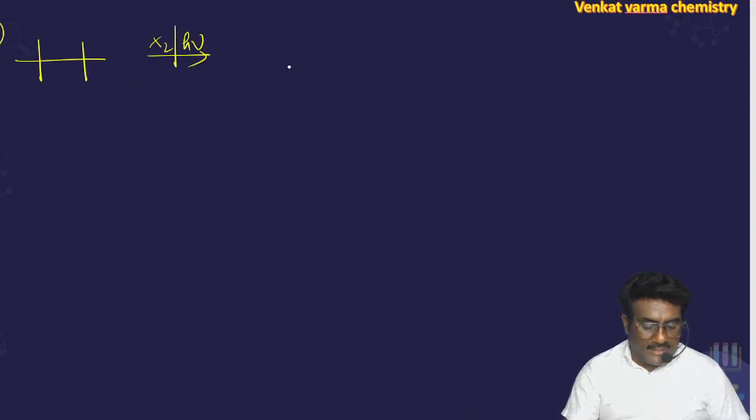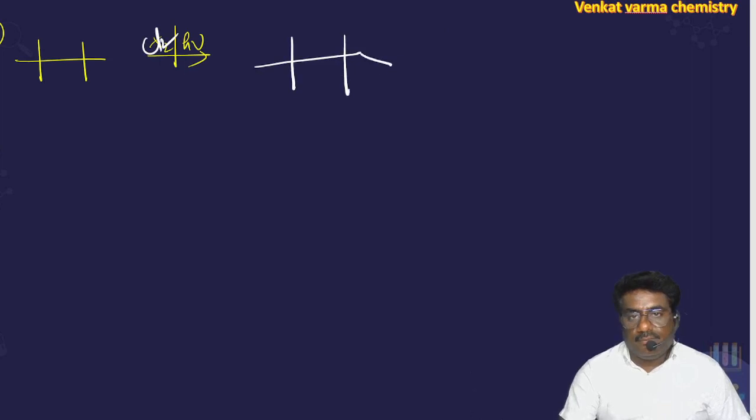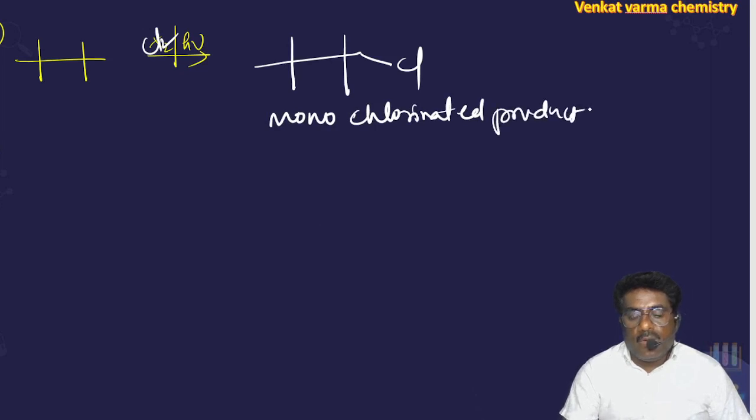Have a look for next example. Possible excluding and including. See. Example, chlorination. Monochlorinated products are only 1. Excluding isomers are 1.